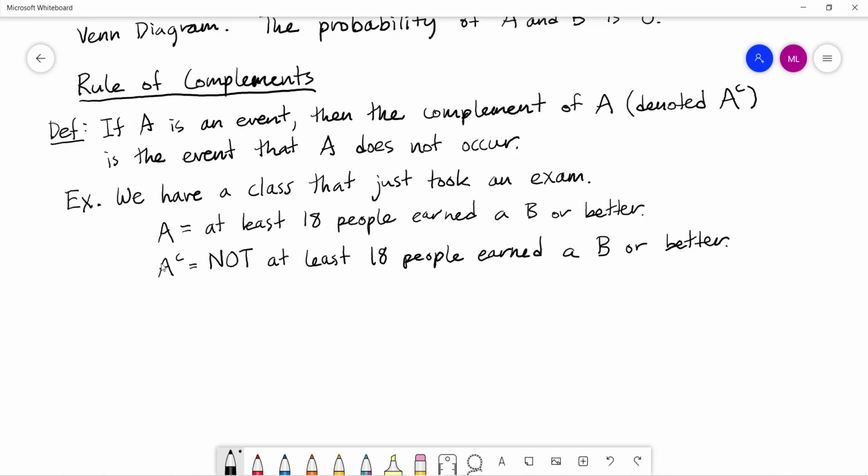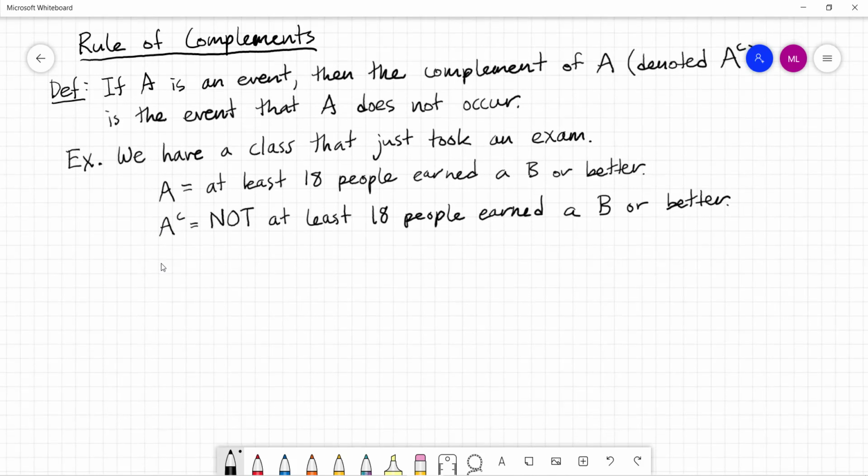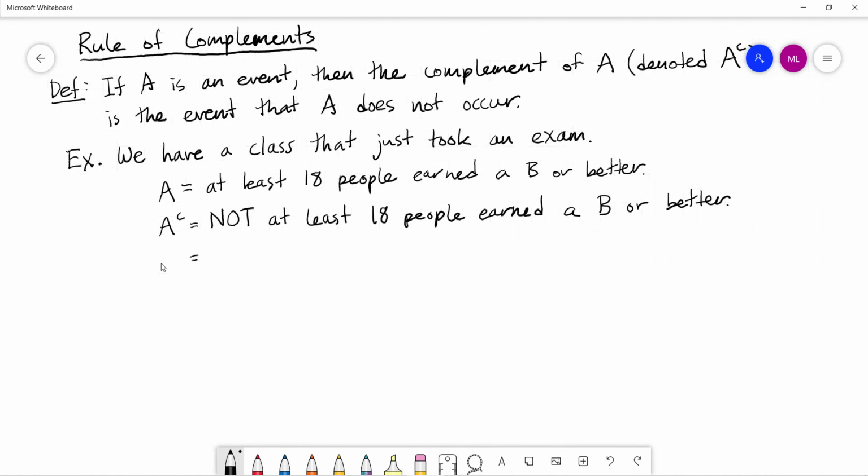So what's a better way of phrasing that? We would say that fewer than 18 people earned at least a B, or earned a B or better.